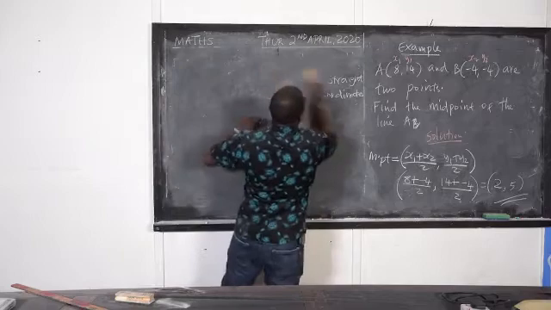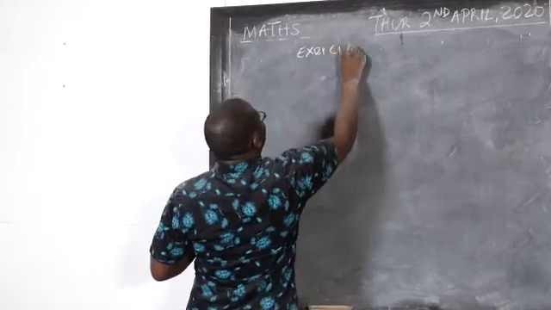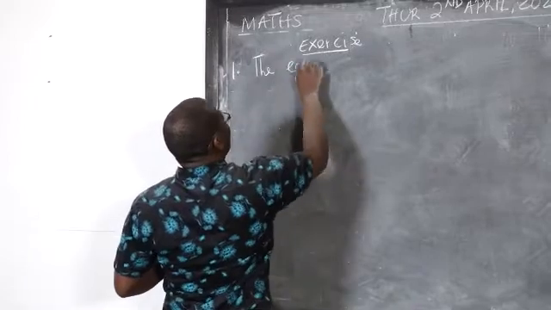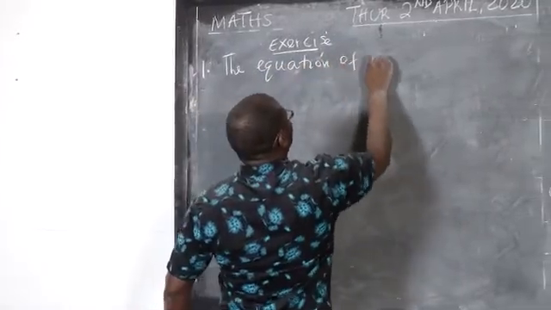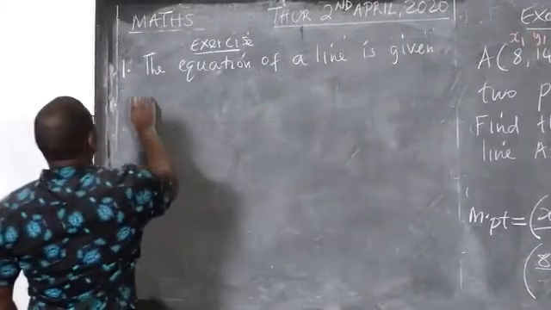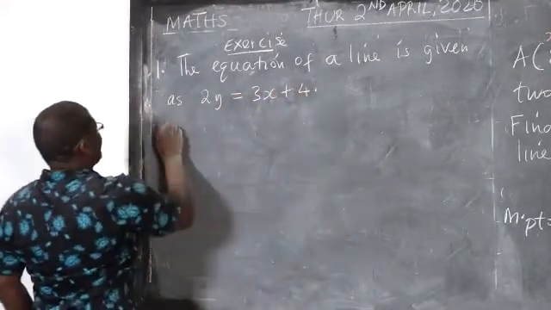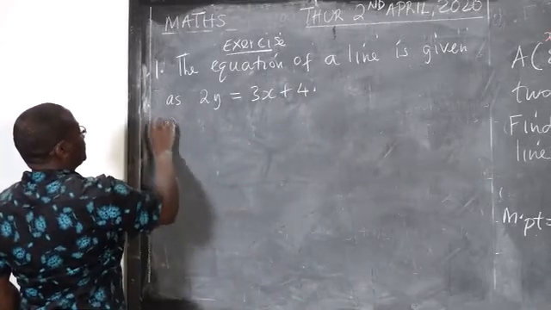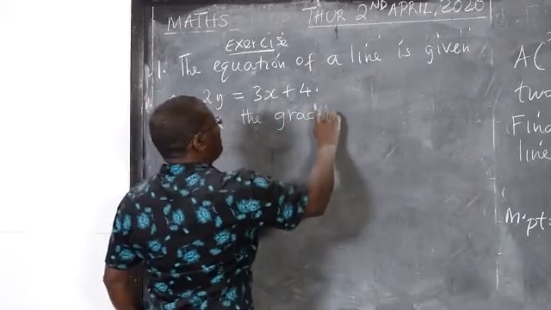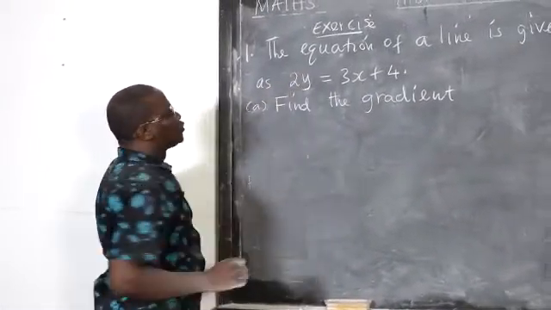And try to do this exercise. So the equation of a line is given as 2y equals to 3x plus 4.